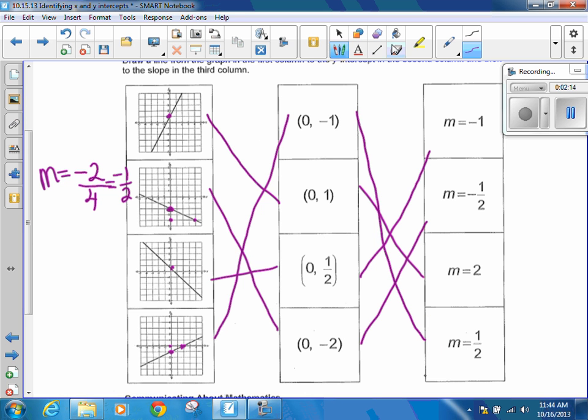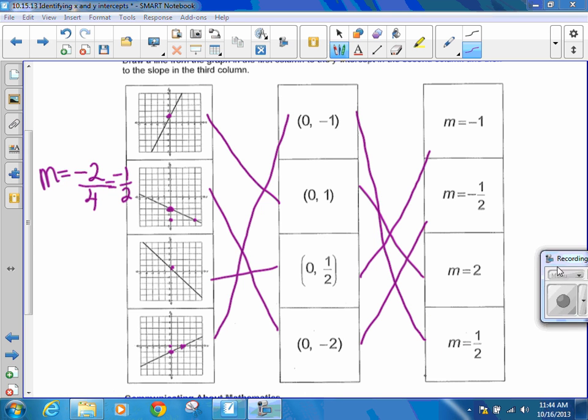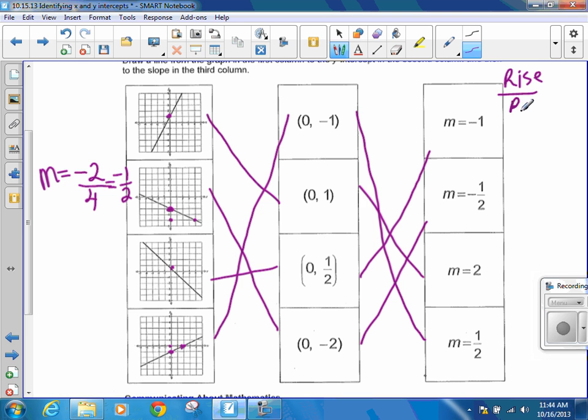Okay, so what I want you guys to make note of is when I do my rise over run for my slope, the rise is either going up or down, depending on your graph. If your graph is going up, your rise is going to go up.